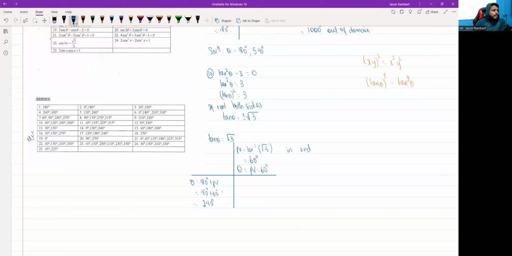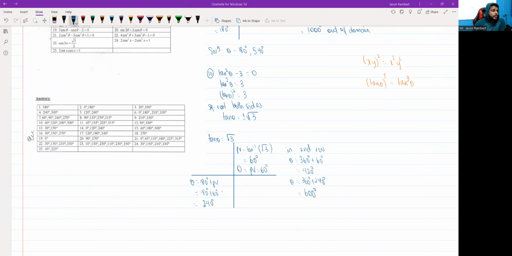So in the second revolution, theta is equal to 360 degrees plus the value I got in my first revolution, and that will be 420 degrees, and theta could be 360 degrees plus 240 degrees, which is equal to 600 degrees.